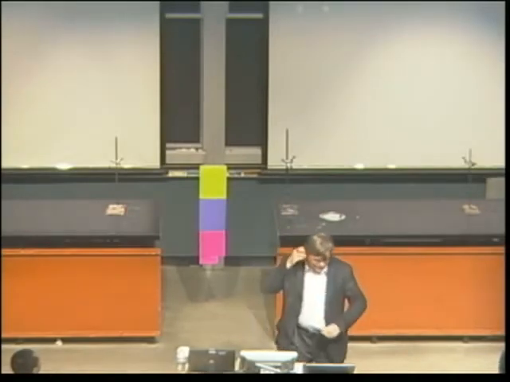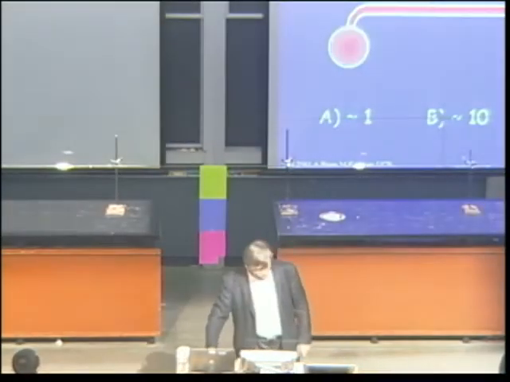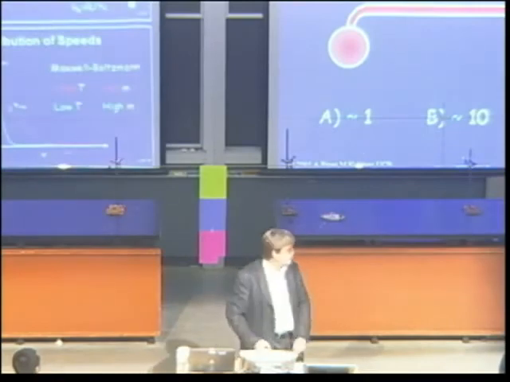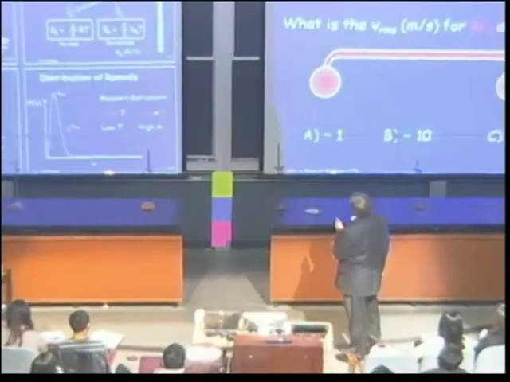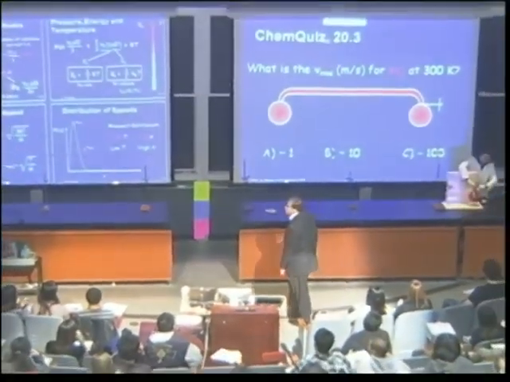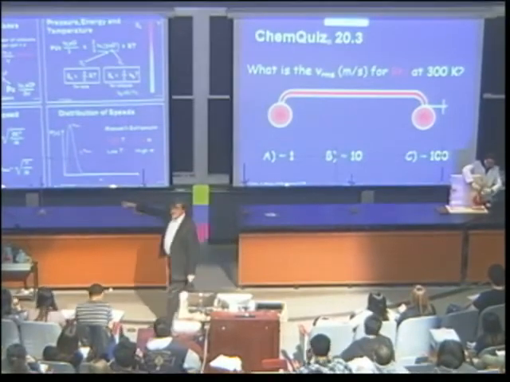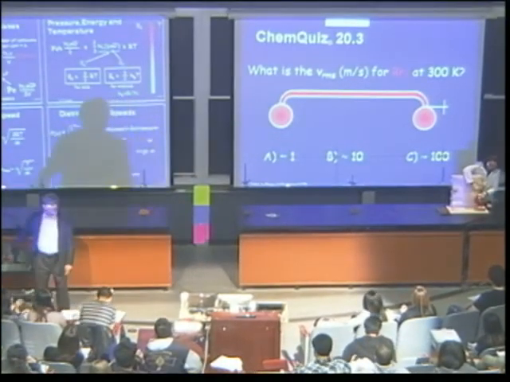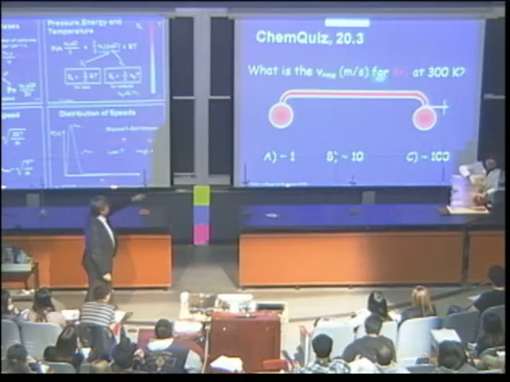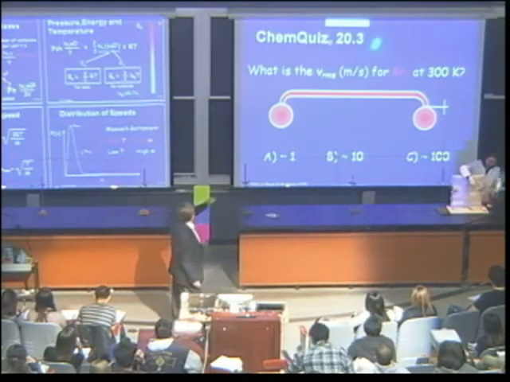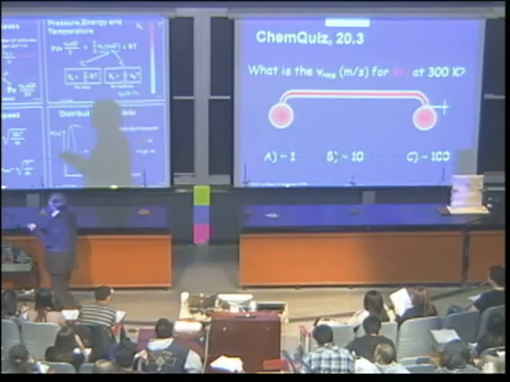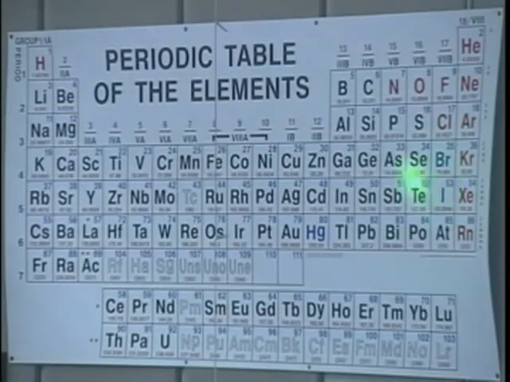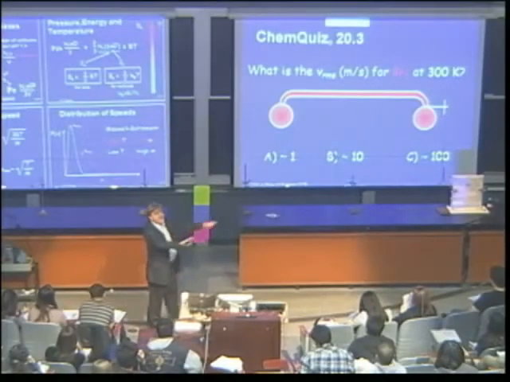Okay, all right. So now, there is the experiment, and you see here, what is the root mean square speed? That was the speed you've seen for the gas going from here to here, in meters per second, for bromine. Bromine's atomic mass is, let's say, 80 grams per mole, and let's say it's 300 Kelvin in here.